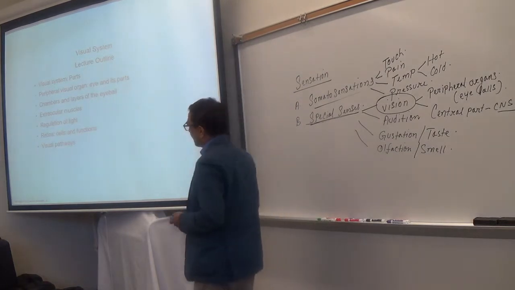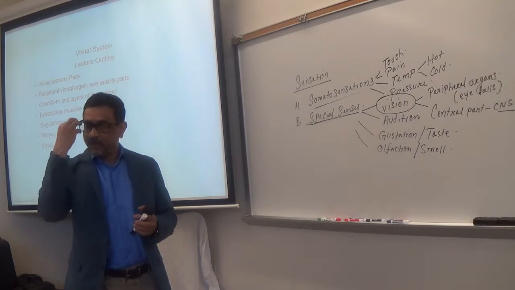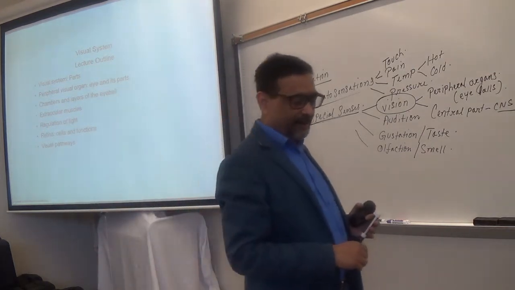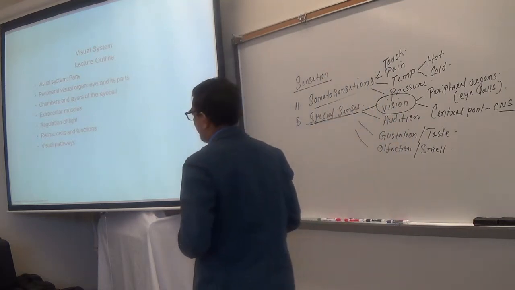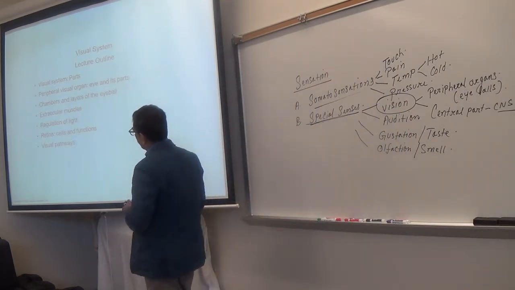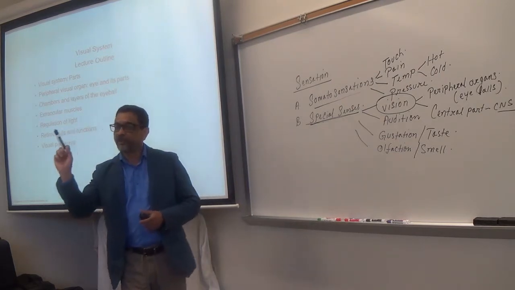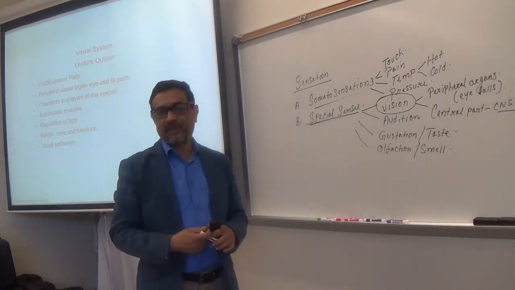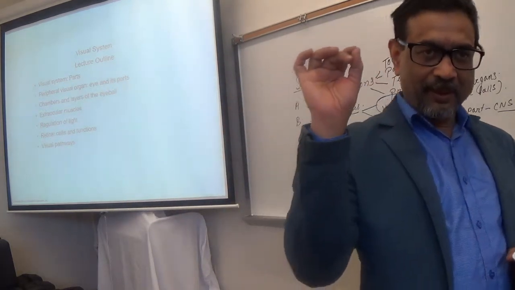Then we'll talk about the regulation of light. How much light should enter into the eye, that is controlled by the iris. We'll talk about that. Then we'll talk about the most important structure of your eyeball, that is called the retina. Retina is the what?